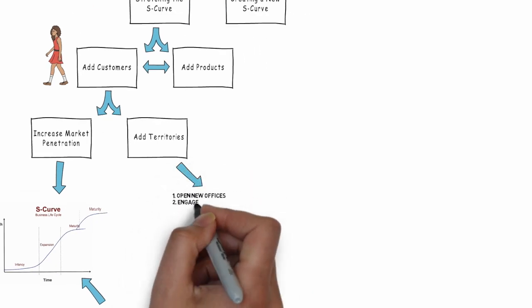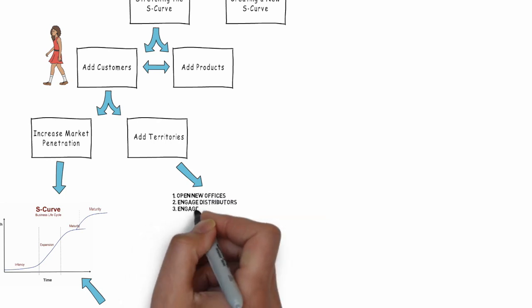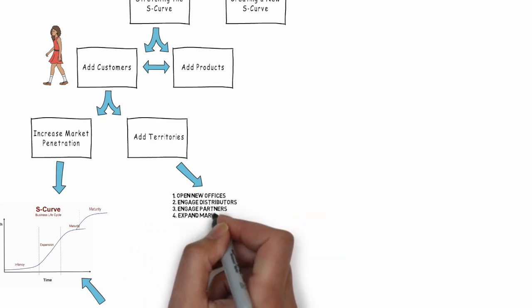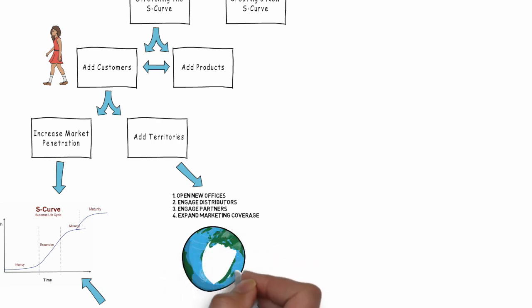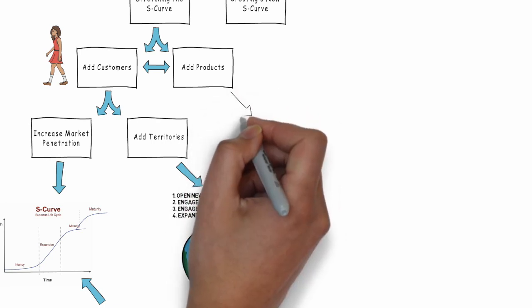One can open new sales offices in new locations, or one can engage with distributors, or one can find partners with their own brand equity and cash who can sell your product under their brand in their territories. For products that are sold primarily online, one can more simply expand the market coverage of your advertising.